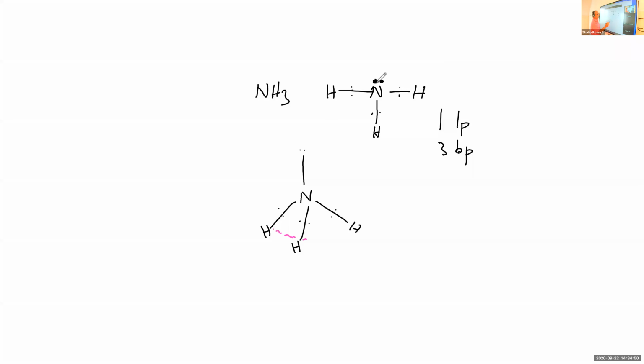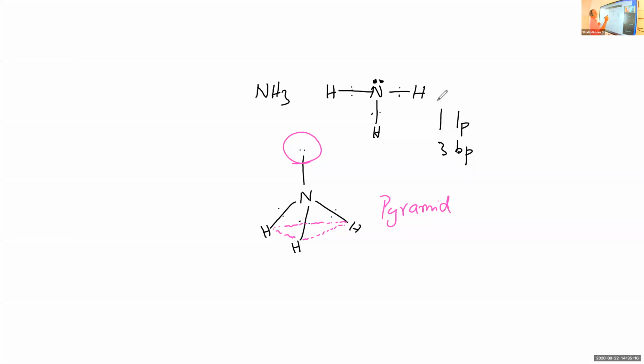You will get the structure of a pyramid, a trigonal pyramid, because you are neglecting the size of the lone pair. Neglecting the size of the lone pair, you consider only the atoms.